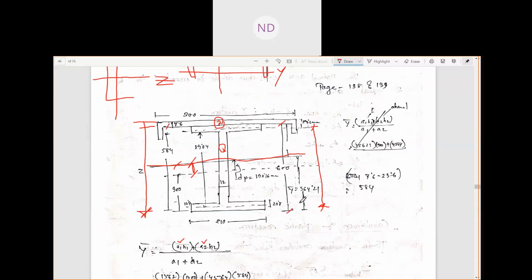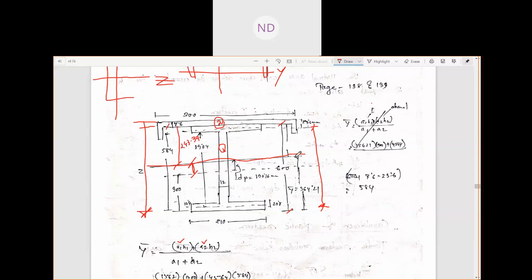The difference, if we do this from the 600, from here to here, from the 600, if you subtract this CG, 600 minus this, you will get this distance from here to here. You will get it to be 243.39.